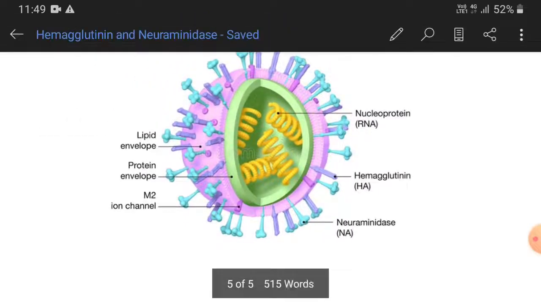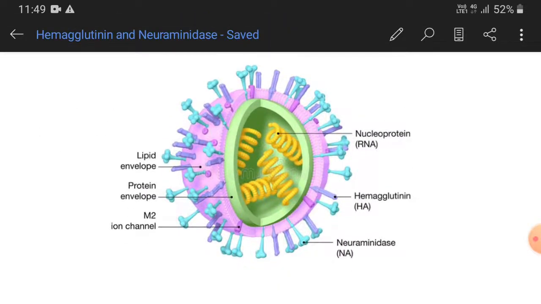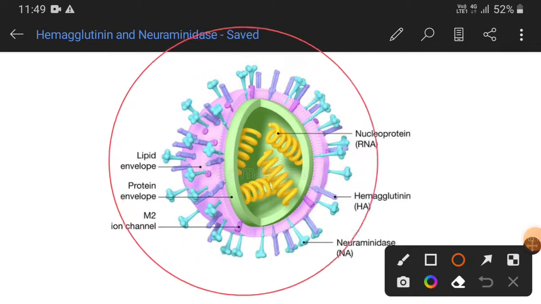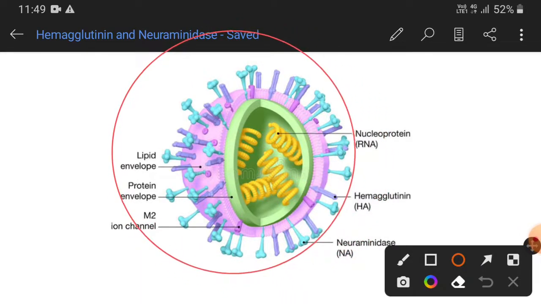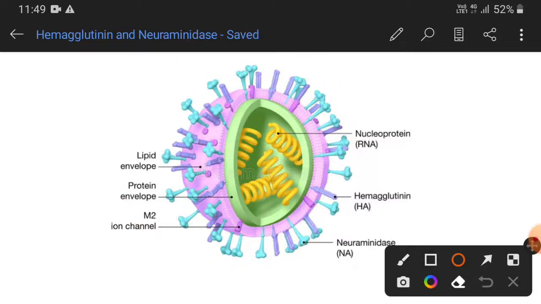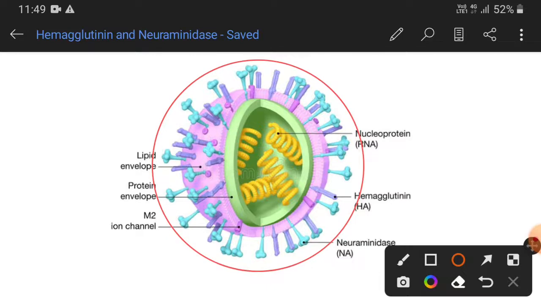So now this is the structure of the influenza virus. Inside the host cell they will be covered with endocytic vesicles.